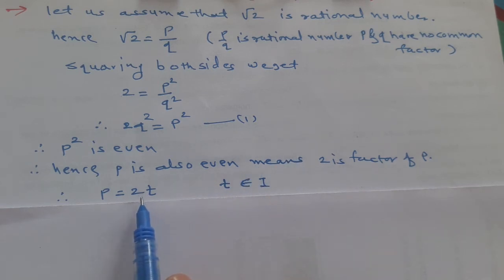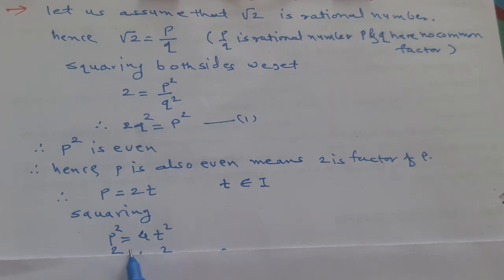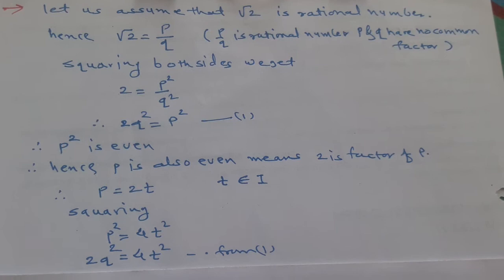Squaring both sides, we get P square equal to 2T whole squared, that will be 4T square, since 2 square is 4 and T square is as it is.